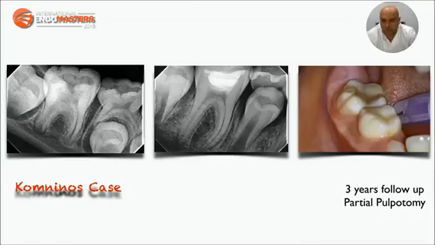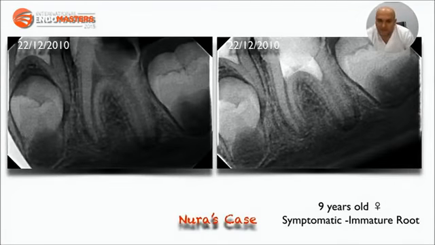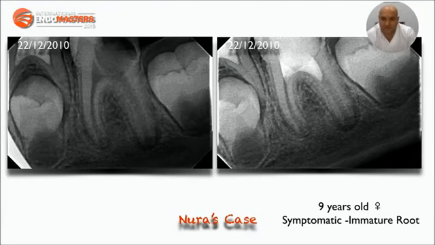So, pulp dentin odontoblast complex regeneration was considered quite successful in the case of Komnenos. But what happens in cases of developing permanent teeth with more extensive pulp tissue inflammation, like Noura's case that was referred to my practice back in 2010?